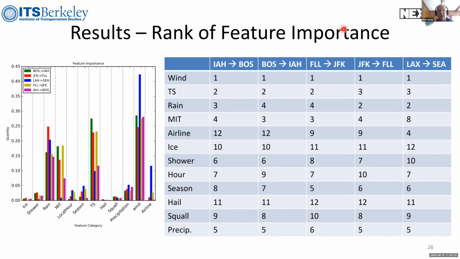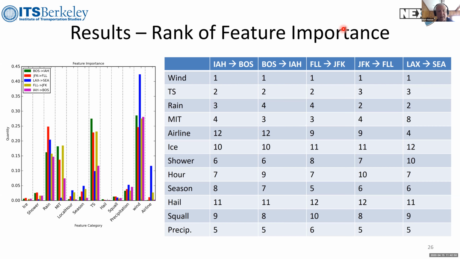Across all 5 OD pairs, wind is the single most important factor. Thunderstorms is the second or third most important. Another variable based on surface weather, rain, is also relatively important. MITs in most cases are a fairly important factor.